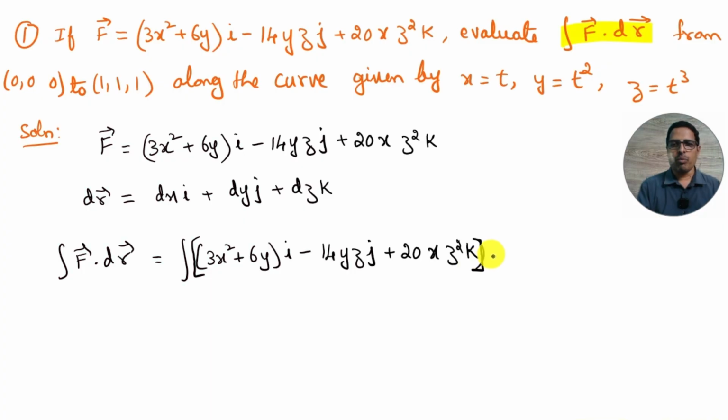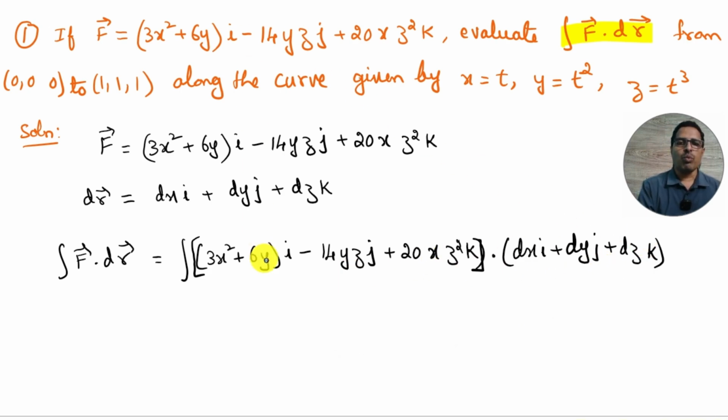Then we have the dot product with dr vector. So dr vector is nothing but dx into i plus dy into j plus dz into k. Now since we are having dot product, i dot i will be 1, j dot j will be 1, k dot k will be 1.